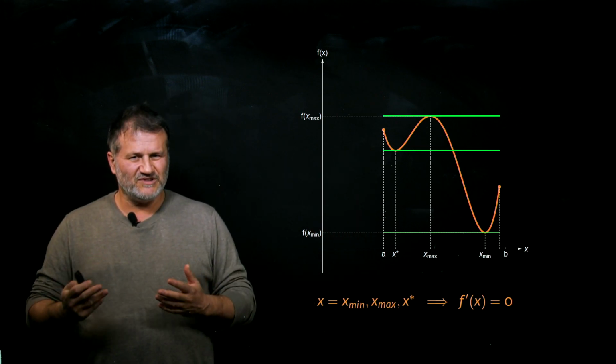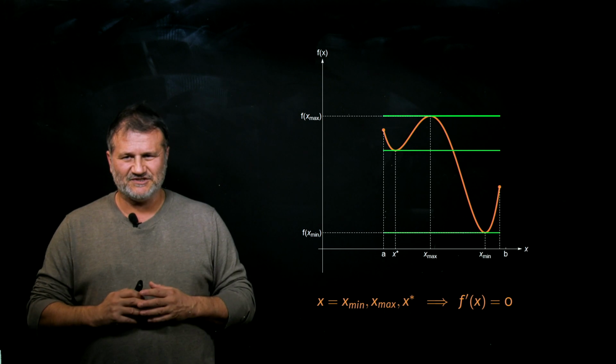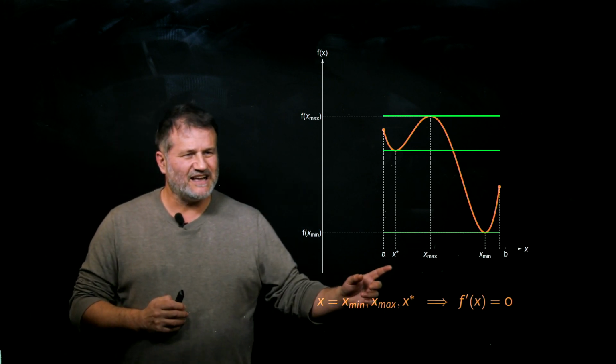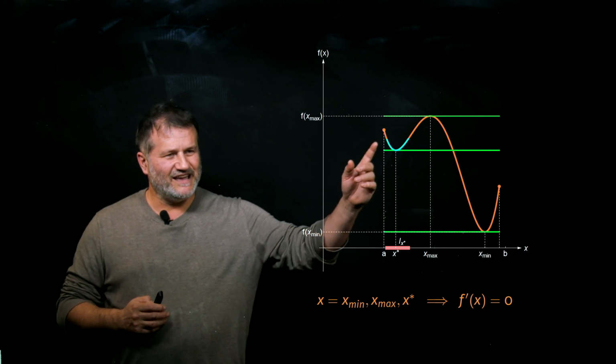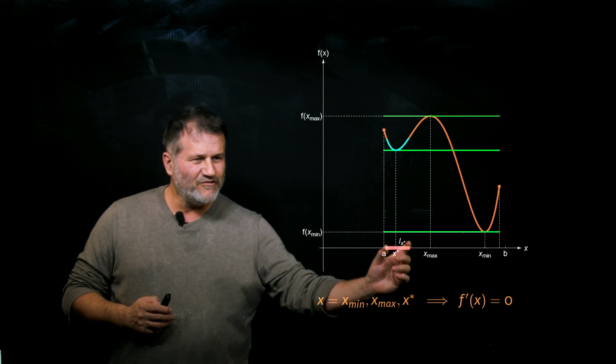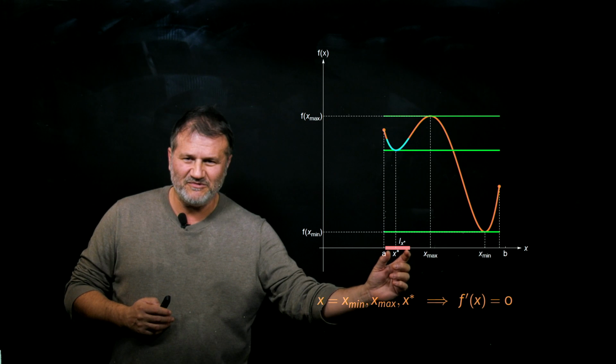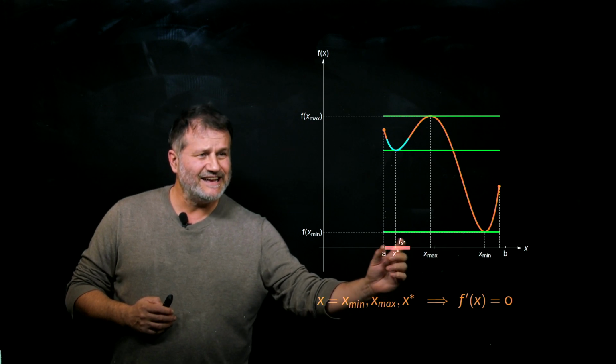This leads to the definition of local extremum. A point x star, like this one, is, for example, a local minimum if it is a minimum, but for a small part of the domain. So let's say in a neighborhood of the point x star.